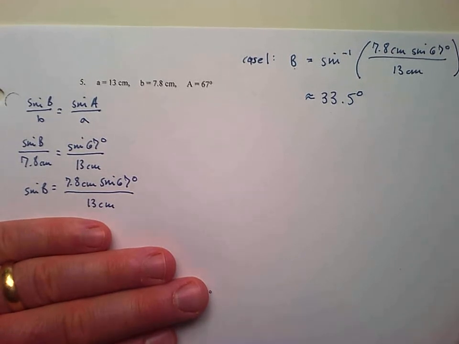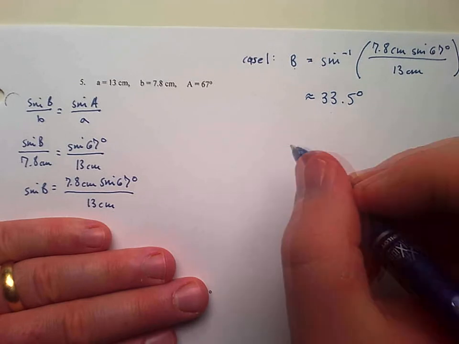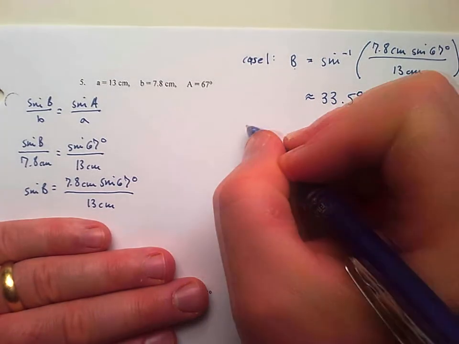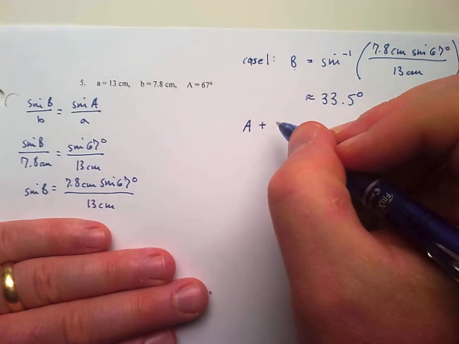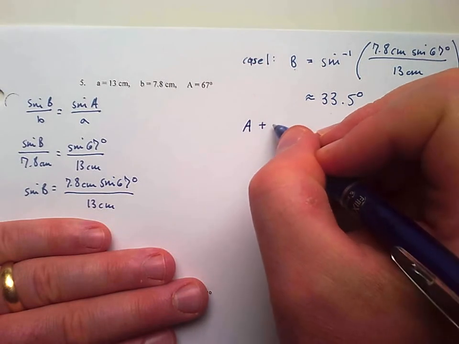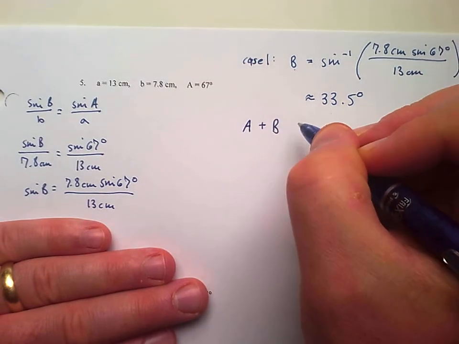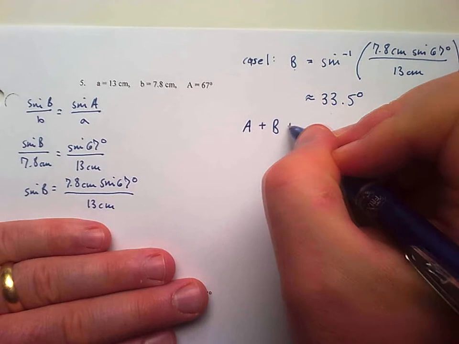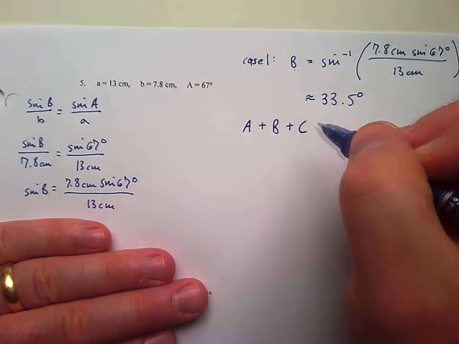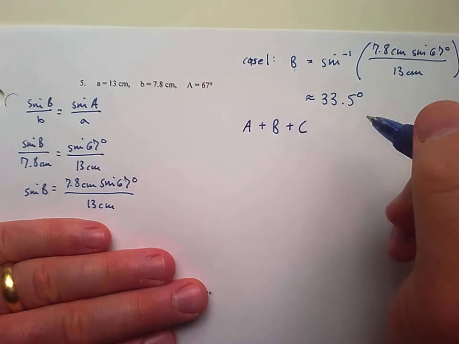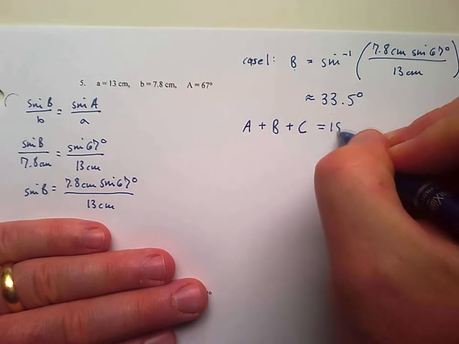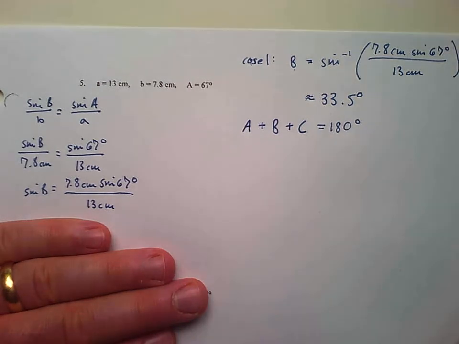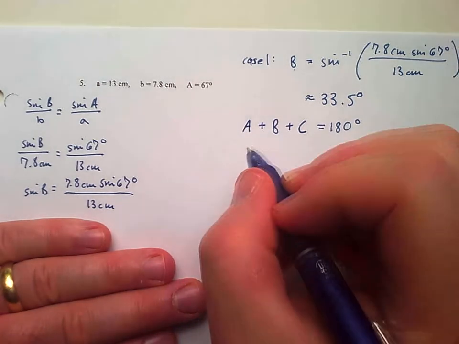But now the important thing here is this. If we take angle A and we add that to angle B, which we just figured out, and we add that to some angle C, which we haven't determined yet, then this should come out to 180 degrees. So another way of saying that is this.